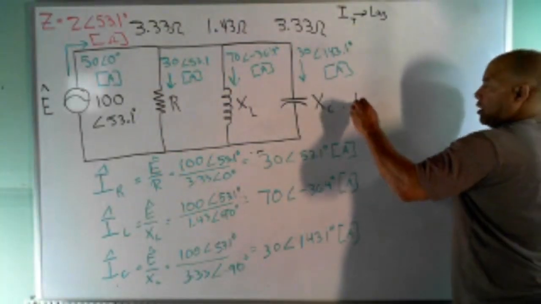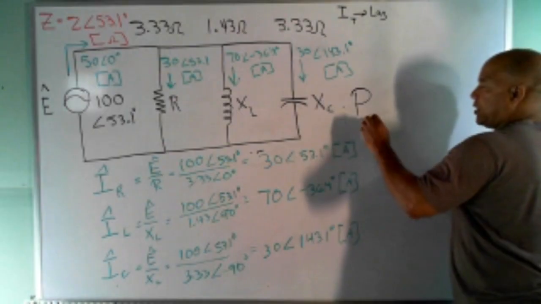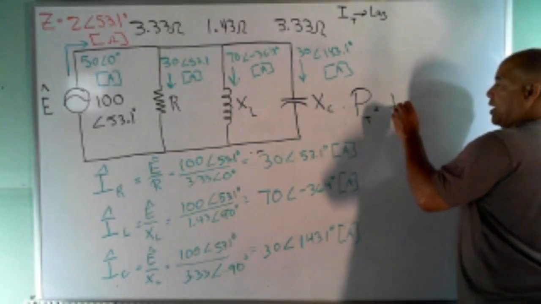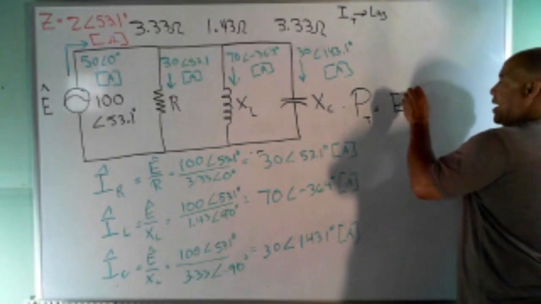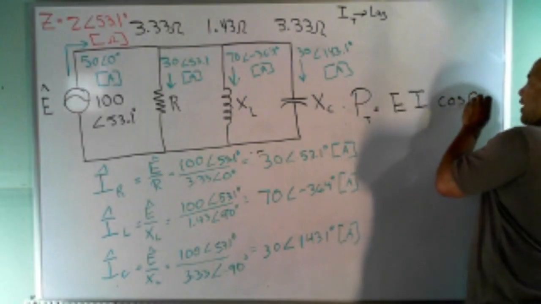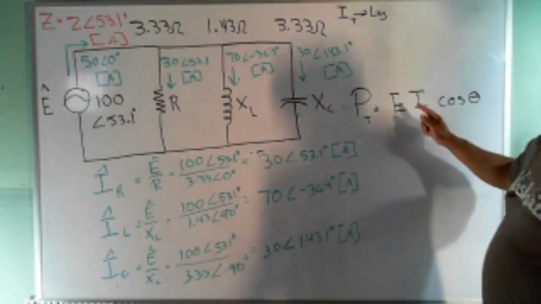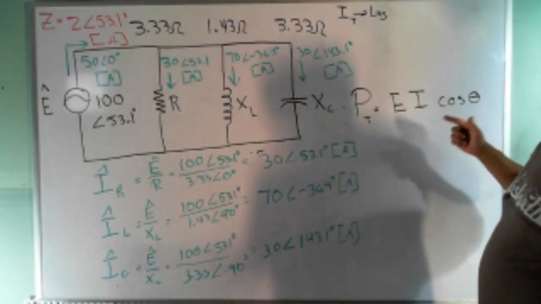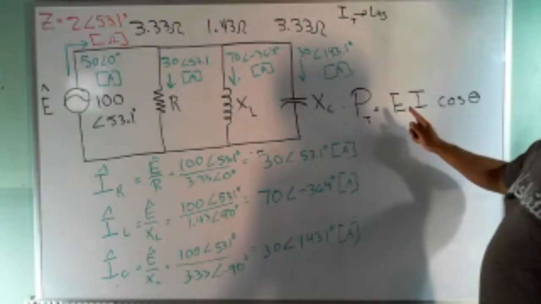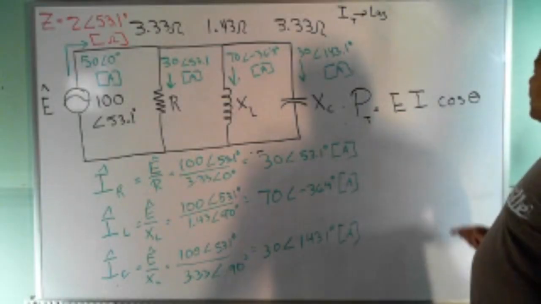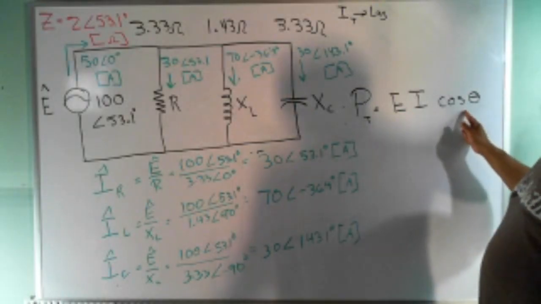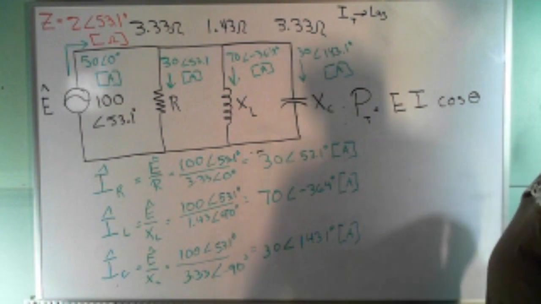The power delivered, I'll just call it PT, is equal to E times I times the cosine of the angle between them. Remember, I don't show the hats on these because I'm not interested in the phasor part. I only want the magnitude, and these have to be in RMS. This cosine theta, remember we call that the power factor.